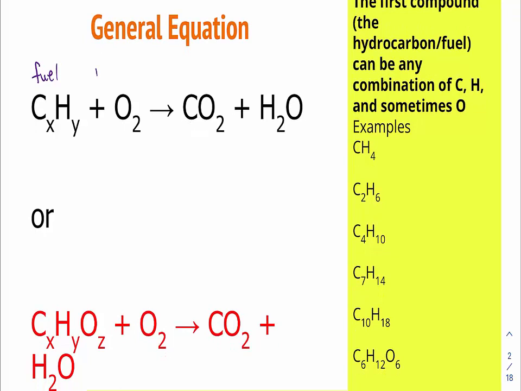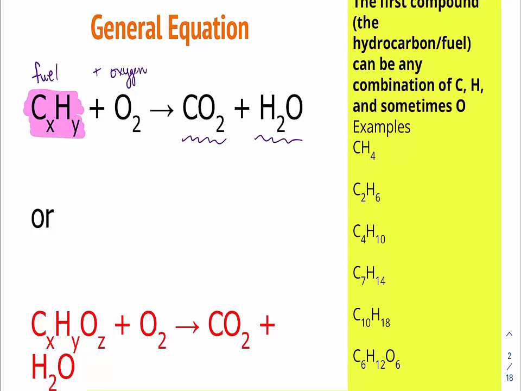And that fuel is going to be mixed with oxygen gas, which we know is, again, fuel for a fire. And it is always going to produce carbon dioxide and water. So here is our carbon dioxide and here is our water. So really the only thing that's going to vary in a combustion reaction is what fuel we are talking about.